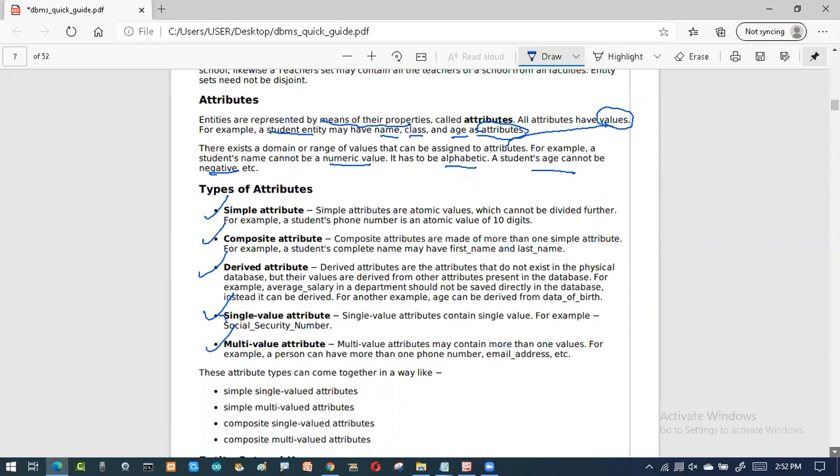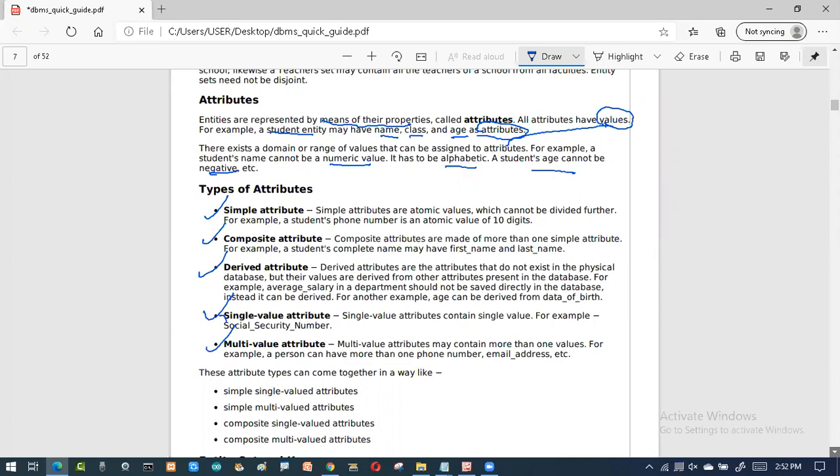Now, when I'm saying simple attribute, it means it cannot be divided further. That means an entity having an attribute, that is a property, and that property is not going to be divided further, then that is called a simple attribute.